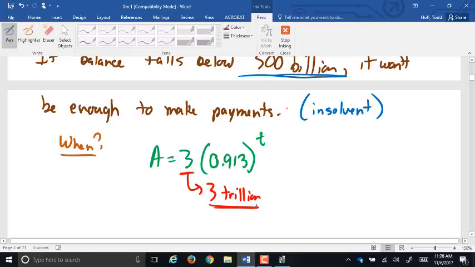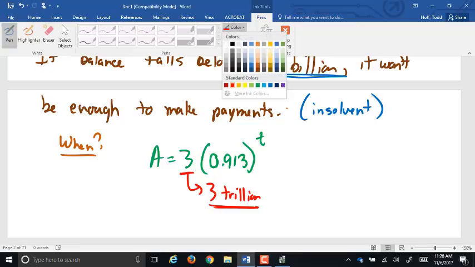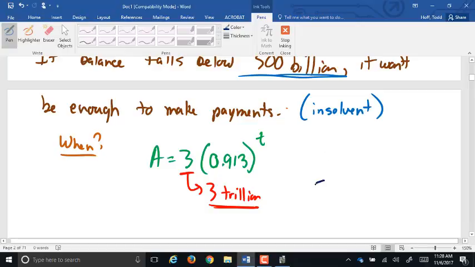Yep. Yes, exactly. And that's where I'm going with it. Since the 3 is in trillions, any other dollar amount must be represented in trillions, exactly. So, perfect.